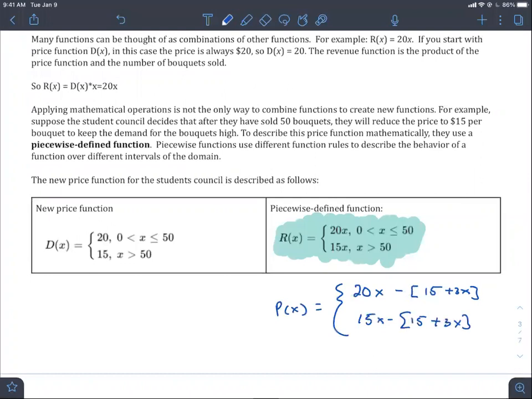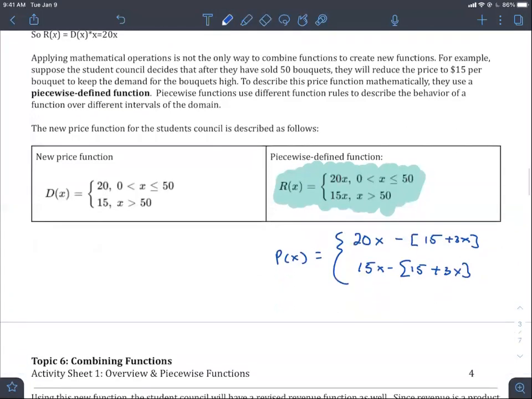Now, while they don't do it in this particular example right now, this is something to consider moving forward. And this actually might pop up in a later example or perhaps a later constructed response. Hint, hint.